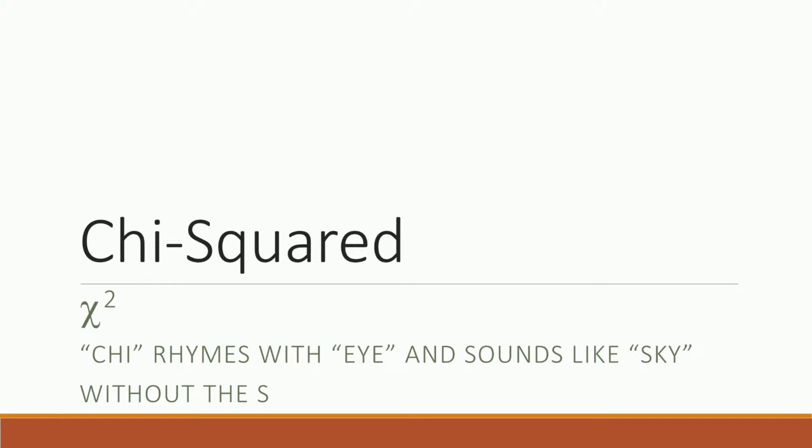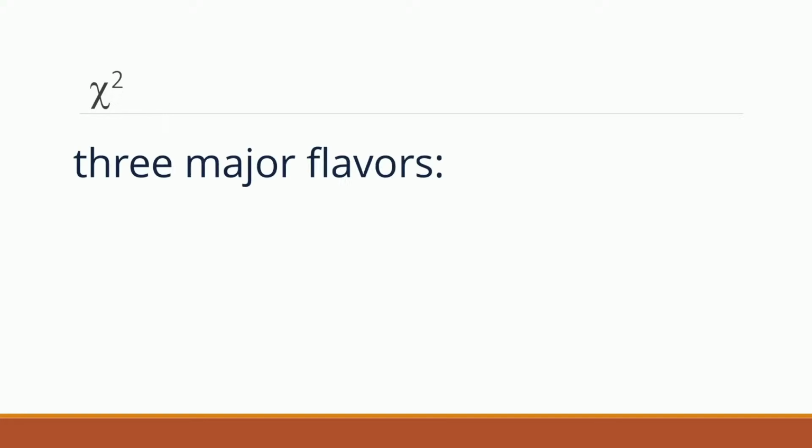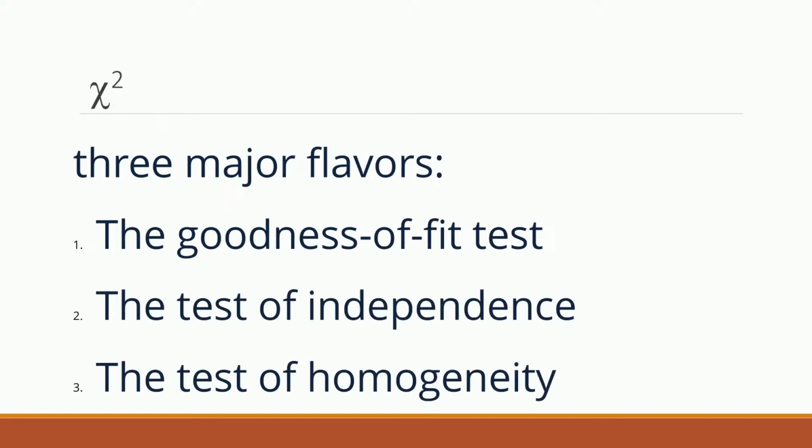So this distribution is useful in a bunch of different statistical settings. We don't need to go into the gory details of how we compute this. Chi-squared comes in three major flavors. We're only going to look at two of them, but I'll show you all three. The first version is the goodness of fit test. We're doing that today.